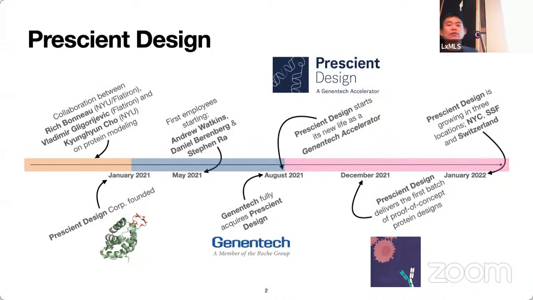So we joined Genentech in August 2021. And since then, we've been working as what we call Genentech Accelerator, working on the proof of concept for what we call a lab-in-the-loop de novo antibody design platform. We have actually designed and tested several batches of antibodies already, and I'll be happy to talk about that at the very end of my talk.